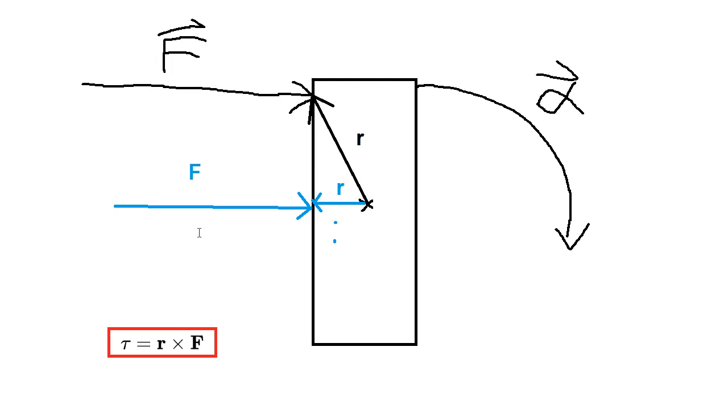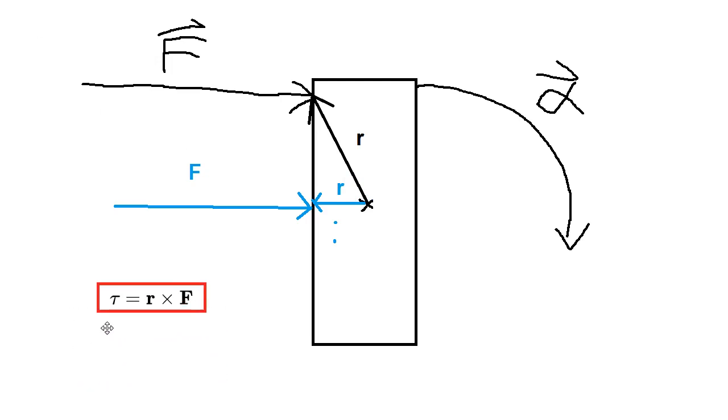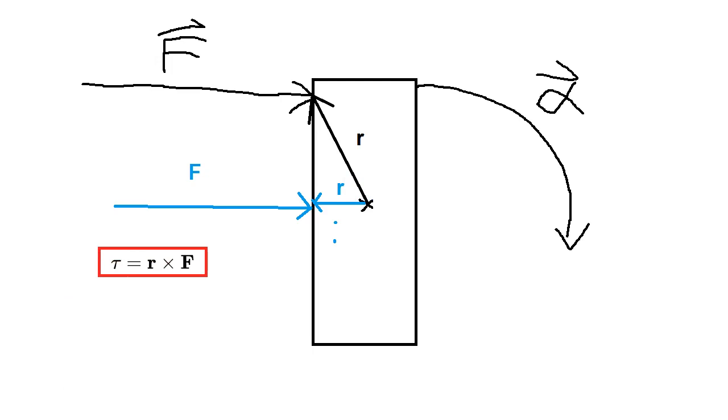Now, when it comes to dealing with two-dimensional rotation problems, although you can use this cross product directly, it's not the fastest way of doing things. Interestingly enough, for two-dimensional problems, where you can draw them all on a flat piece of paper, we're usually better off calculating the magnitude of the torque and the direction of the torque separately. So this is a bit of a shortcut, but what you can do is instead of doing r crossed with f, you can find the magnitude of the torque by taking the magnitude of r, the magnitude of f, and multiplying them by the sine of the angle between them.